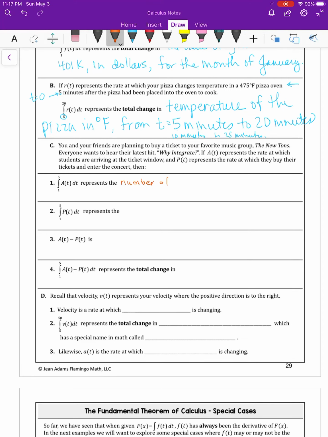Since this is going to be students per time, when you integrate, it's going to be students. So this is going to represent the number of students arriving to get in line from t equals 1 minute, I guess t is in minutes, to t equals 5 minutes.